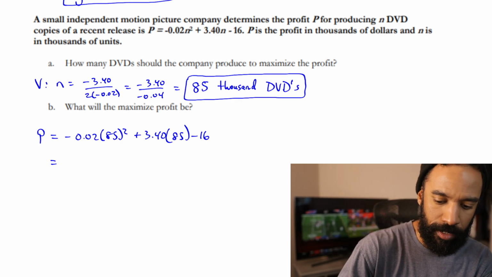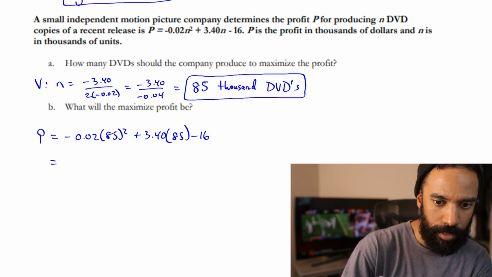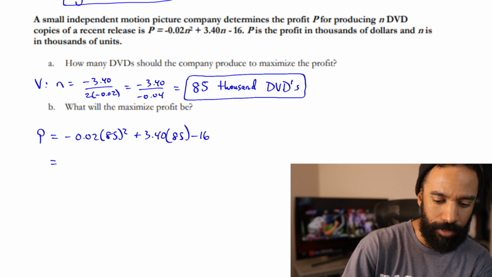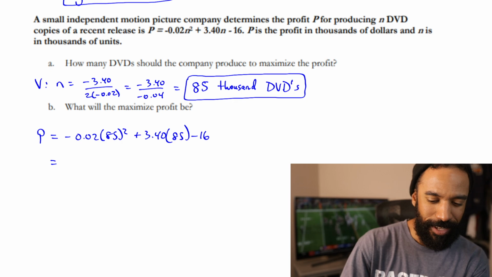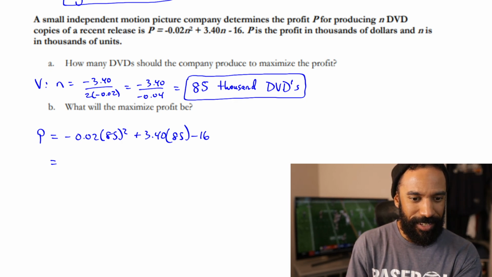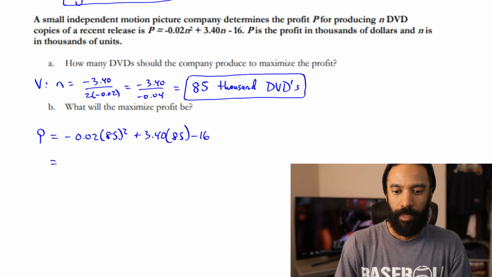I'll just keep that in mind. Oh, times -1, how about that? I'm sorry about this. I don't know how to do negatives on this thing. Let me just pause this and compute it. We're almost done with this whole thing.